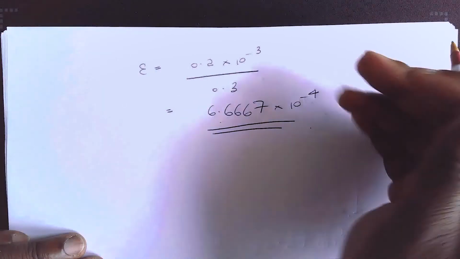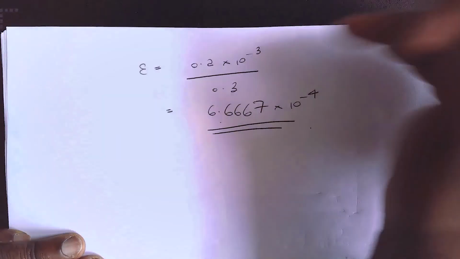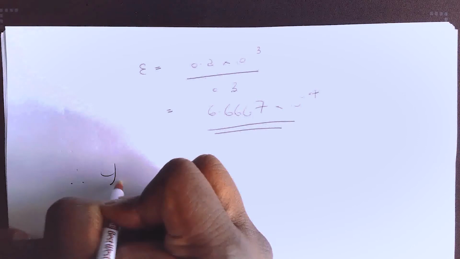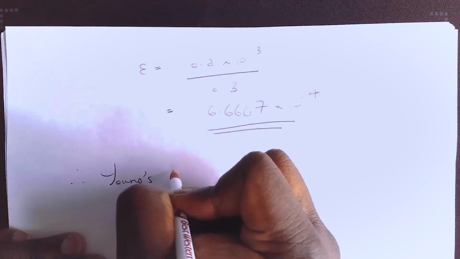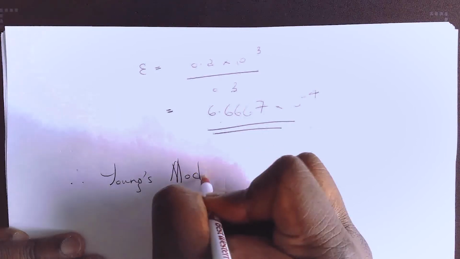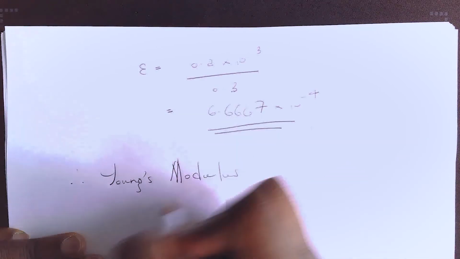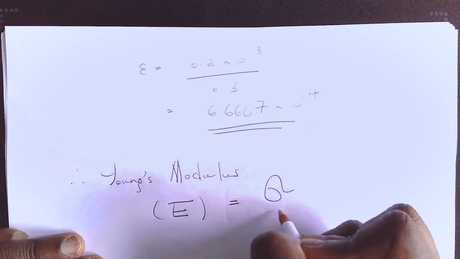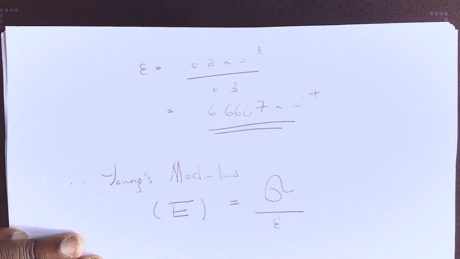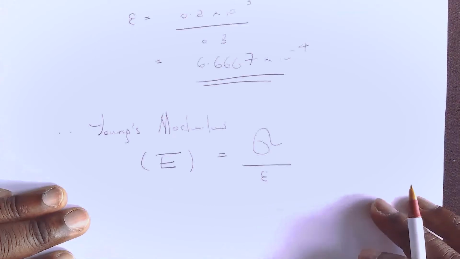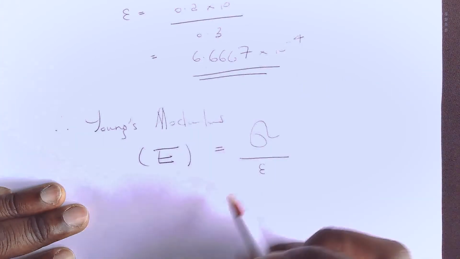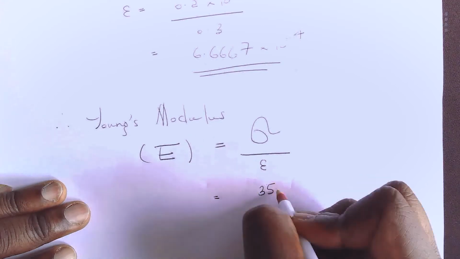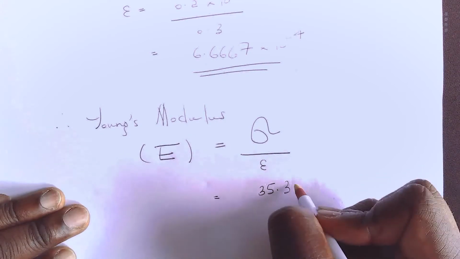We now have values for strain and for stress. Therefore, the Young's modulus, which is characterized by E, is equal to the stress divided by the strain, which is equal to 35.37.